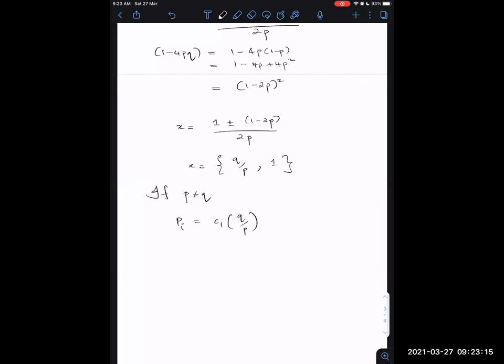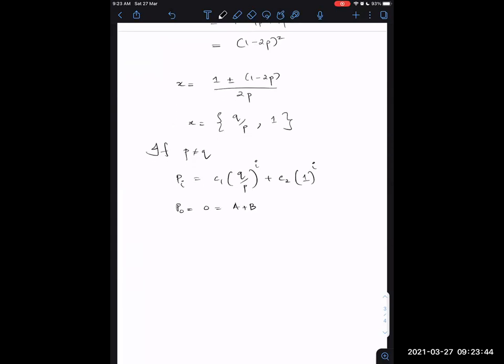It's C1 times (q over p), the first solution, raised to the power i, plus C2 times 1 raised to the power i. So this is the general form of the solution of a difference equation when the roots are not repeating. We'll see the case when roots are repeating, but this is the general form. Now we know in addition to this that P0 is equal to 0.